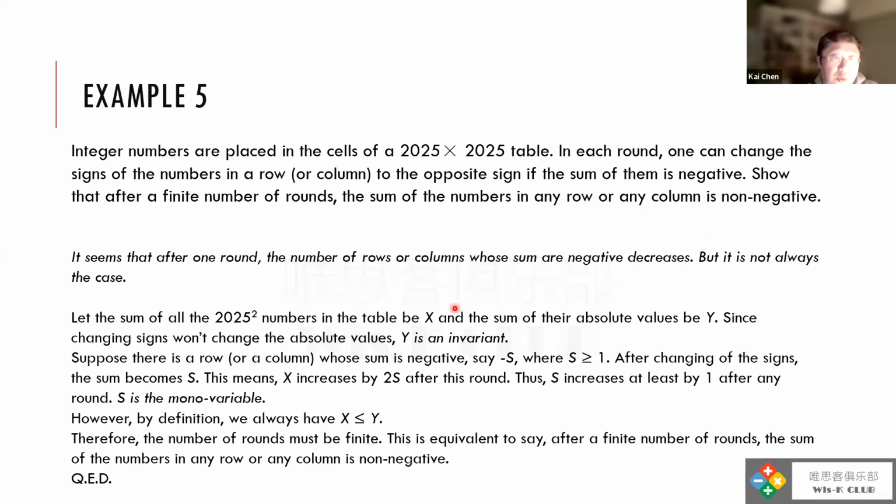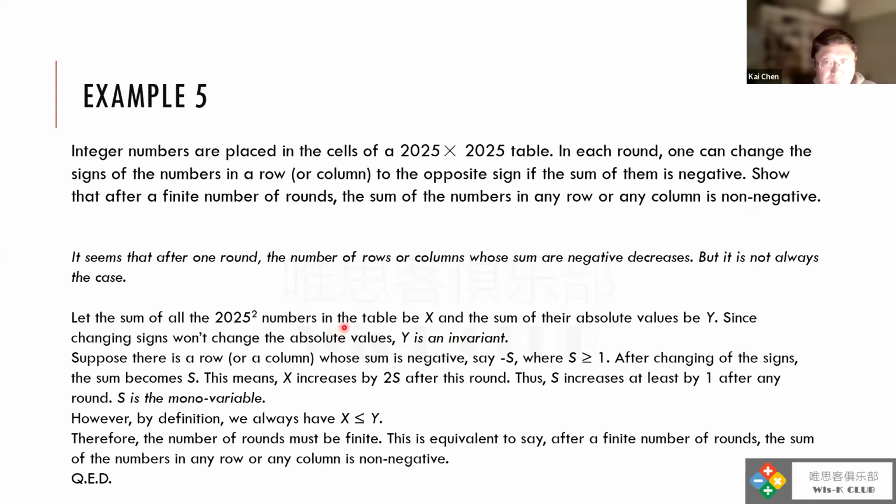To prove it, we say it's an ending game, meaning that something is decreasing or increasing to a limit. In this case, we have actually found two quantities. One is invariant, one is the monovariant. What is invariant?